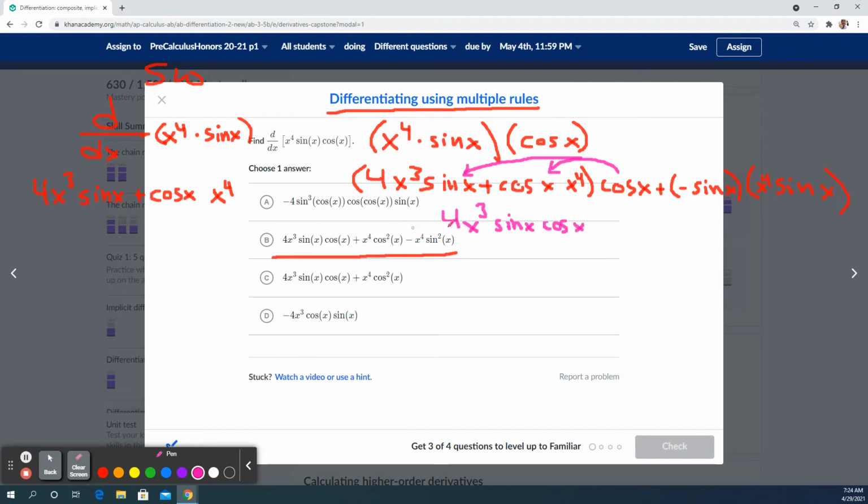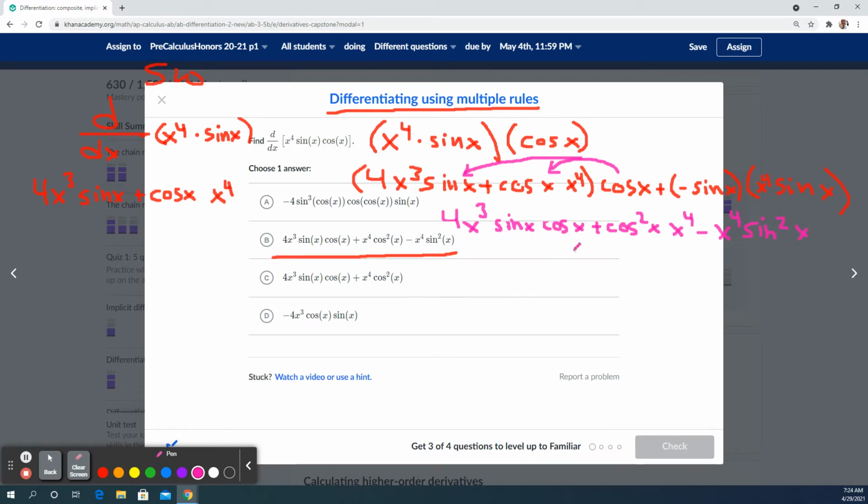Should have given myself some more room. Plus cosine, they're both cosine x's, so cosine squared x, x to the 4th. Probably should have put that x to the 4th in front. That plus turns into a minus from that one. Minus sine x and sine x. I'll move that x to the 4th, and we got sine squared x.